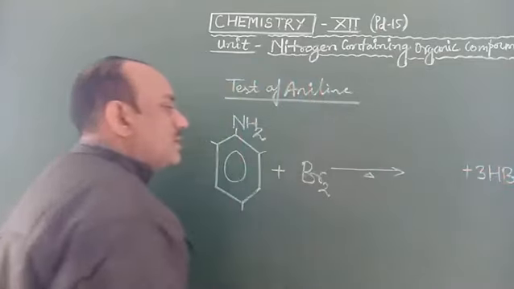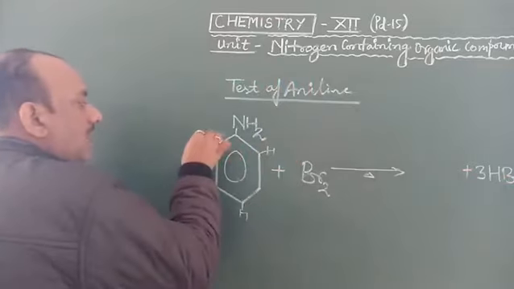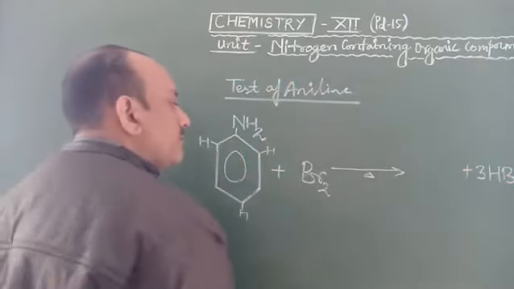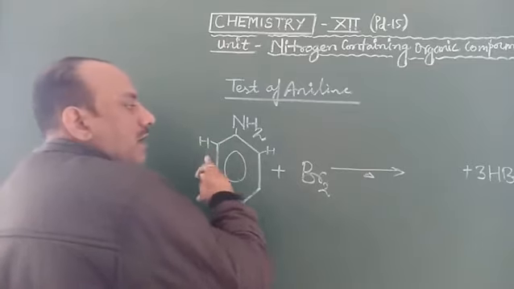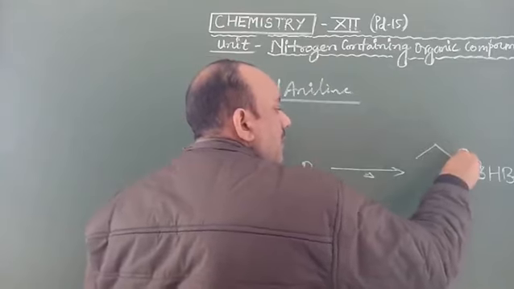Three molecules of hydrogen bromide are eliminated. So hydrogens are removed with bromine, and bromine is adopted by aniline to form a product.